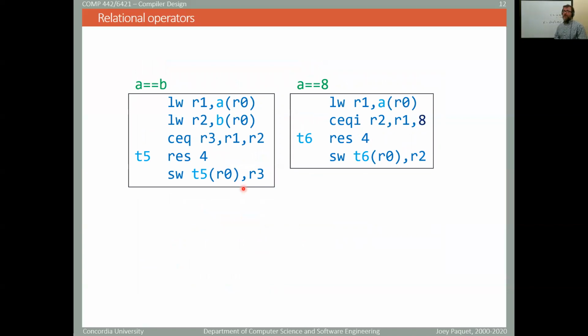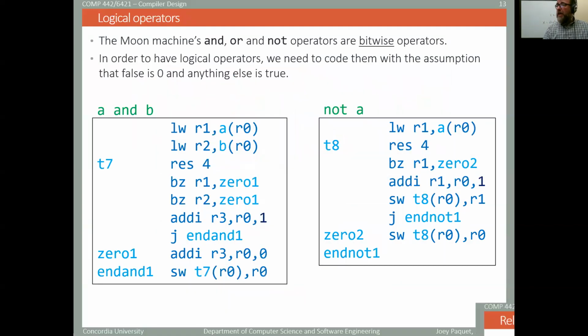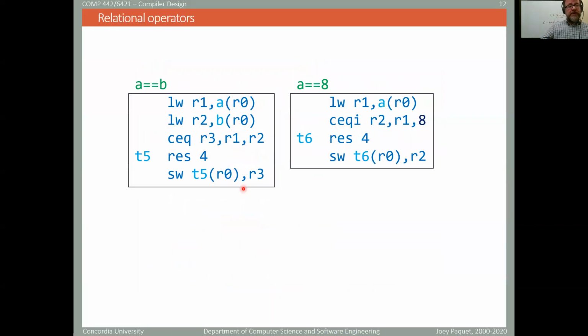If you have relational operators, I'm showing only equal, and I'm not showing greater than and greater or equal and so on, but it's roughly the same idea. So for the equal operator, it's basically the same idea. You load each of the operands into registers, then you apply the equal operator between the two values of the operands that are now stored in registers, and this operator is going to put the result into another register.